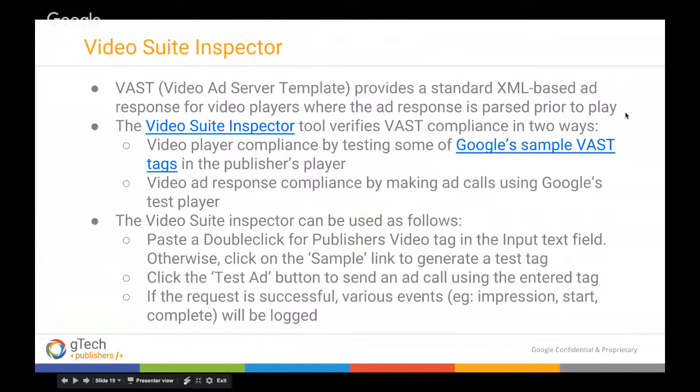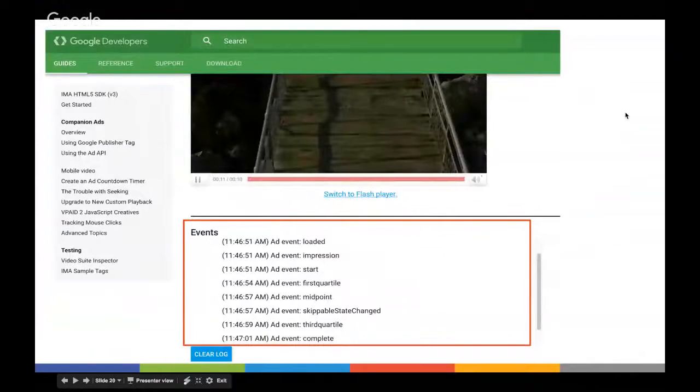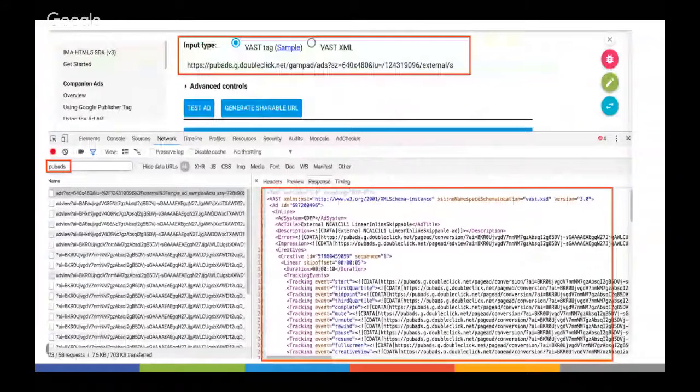So I'm going to show you very quickly how it works. So this is a simple screenshot that shows the information that we can gather from the tool, and this is a screenshot that shows us how the data is provided by the ad server.